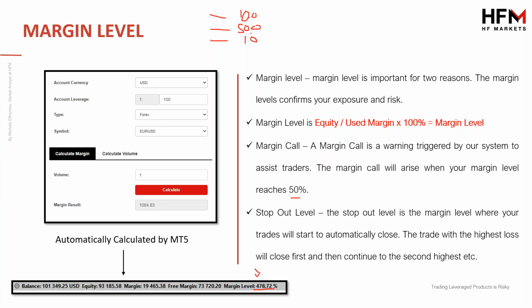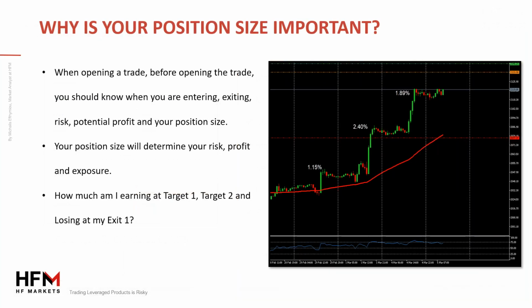It will automatically close the largest loss first, so the 500, then the second largest loss, and then the third largest loss. The reason this happens is, of course, we protect you against negative balance and ideally leave some capital as well, rather than all of the capital being eaten away by the market. So this is also something for us to take into consideration.